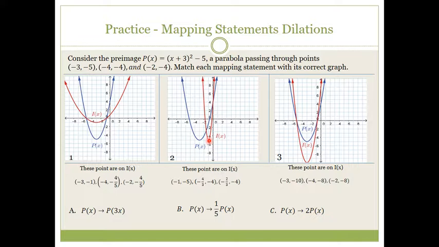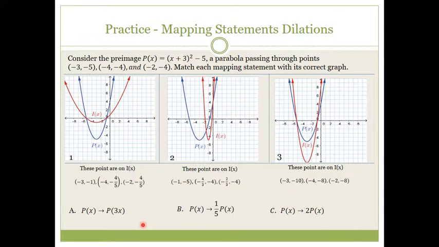That indicates that we are doing a horizontal dilation, and that means we're looking for a number being multiplied inside the argument. In our case here, we only have one option that has a value multiplied inside the argument, and that's option A.